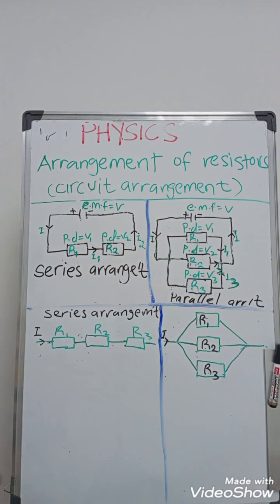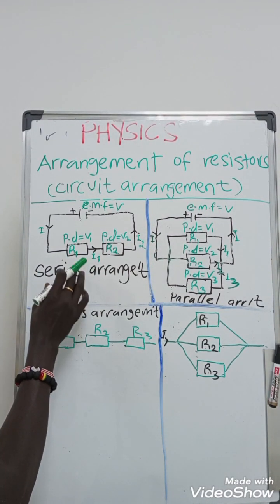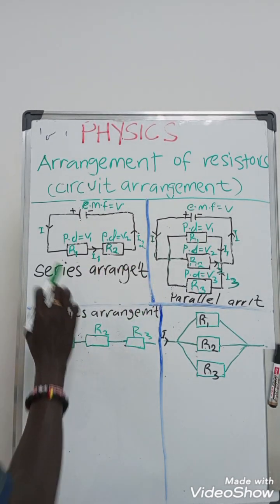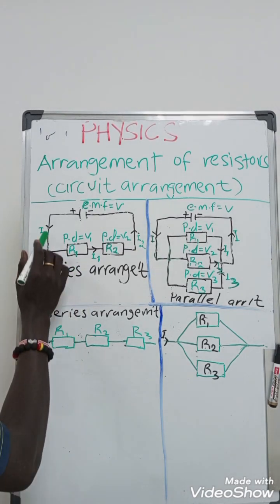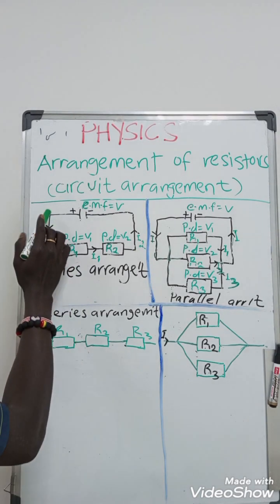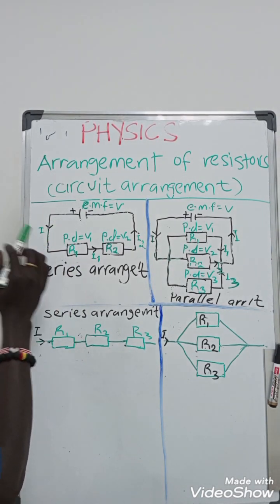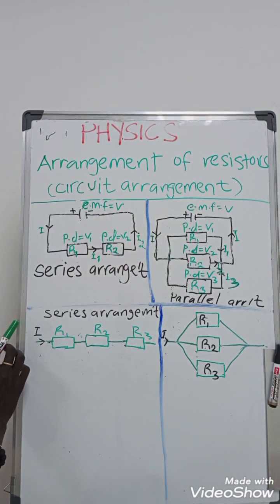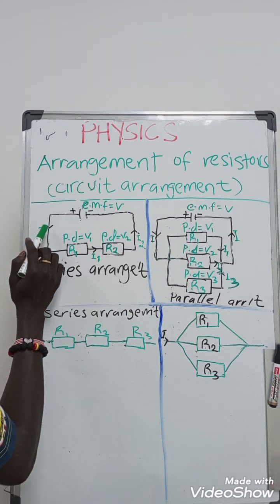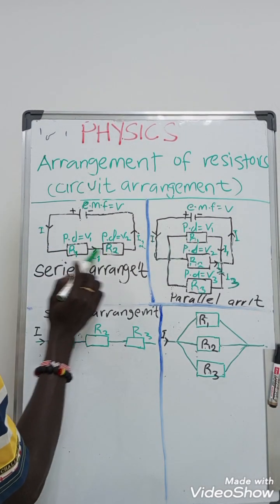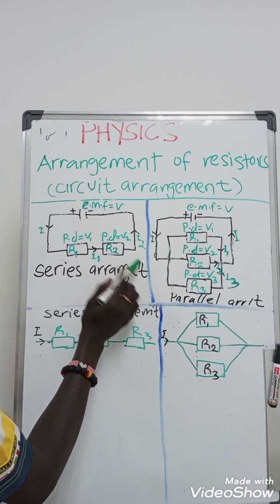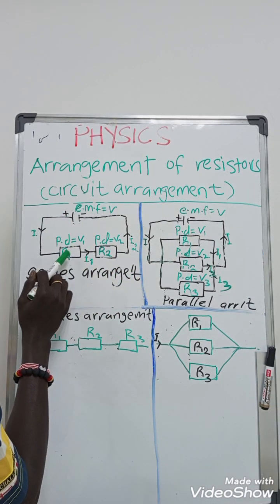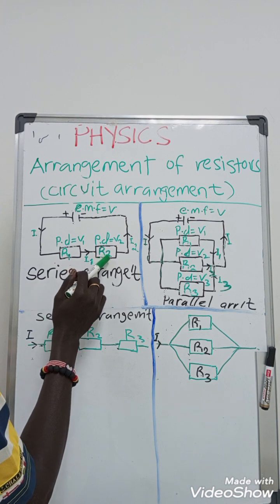In series arrangement, there are important points to be noted. Point number one. There is only one path for the flow of the current around the circuit, and the current flowing across each resistor in the circuit is the same.